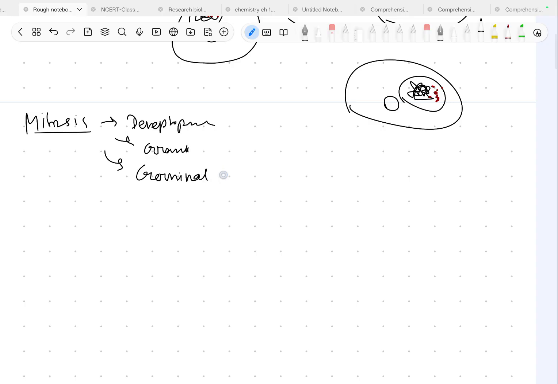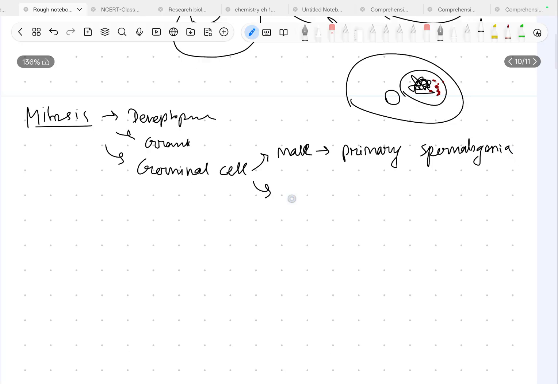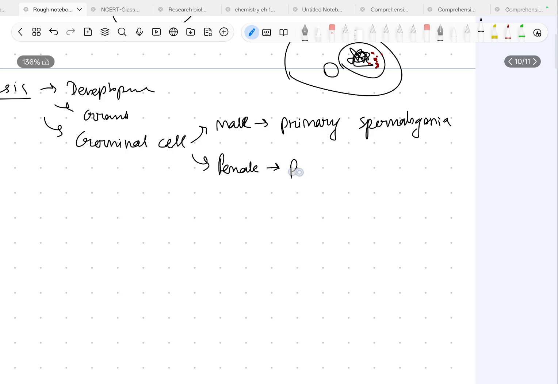In the male, it is basically the primary spermatogonia, but in the female, you will see it as primary oocyte.